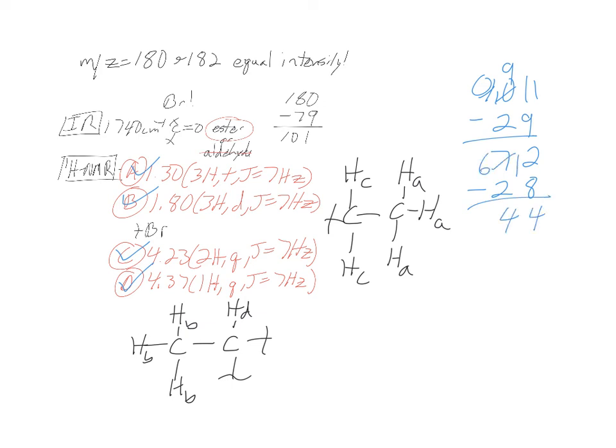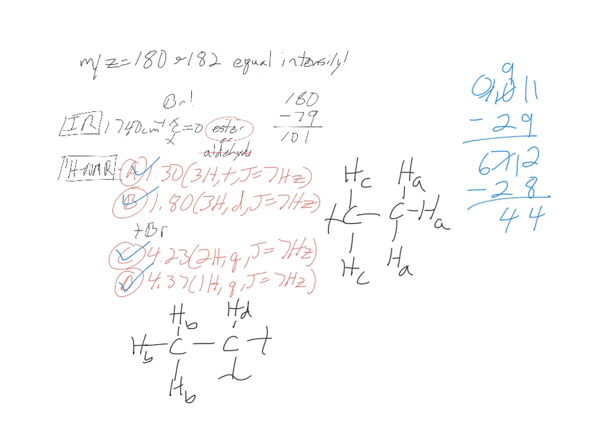Wait, 29 was B and D, right? 29 is A. 24 plus 5 is 29. 24 plus 4 is 28. So we have 44 left. Okay, so we have 44 left, and maybe at this point we're kind of stuck.